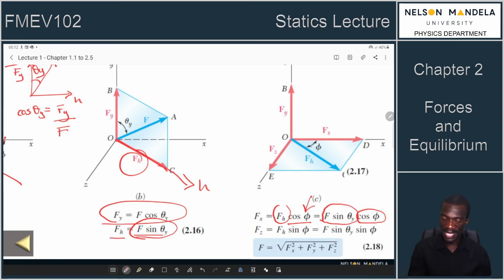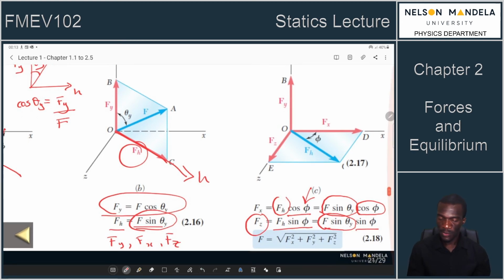The same applies: FZ is now FH sine phi, which is F sine theta y sine phi. In the end, you now have your force written in terms of Fy, Fx, and Fz.